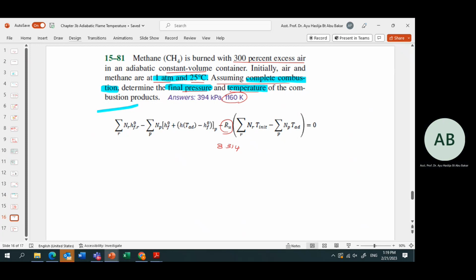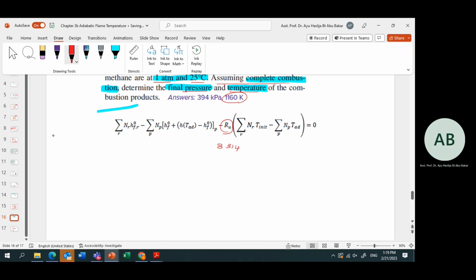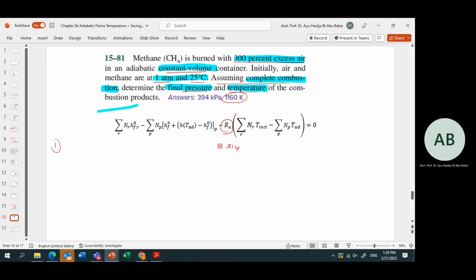Now in this case, it already mentioned constant volume with 300% excess air. So first thing first, what you need to do? First step. Come up with the equation first. Okay. Methane is your fuel.